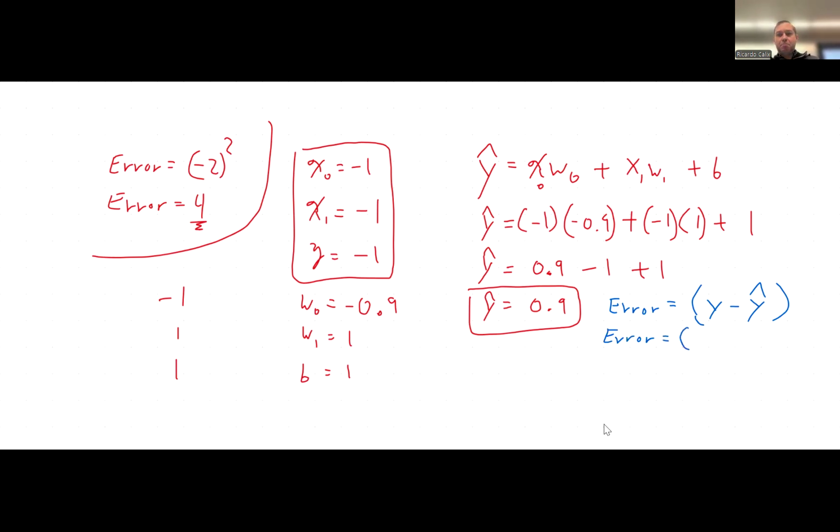That's the real value, so that's -1. Got it? And then minus y hat, which is the new predicted value, so that's 0.9. You add these two together, what do you get? -1.9, correct?